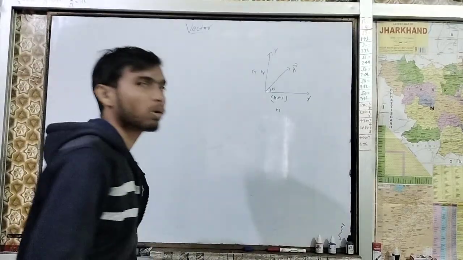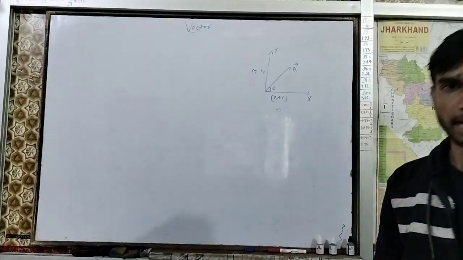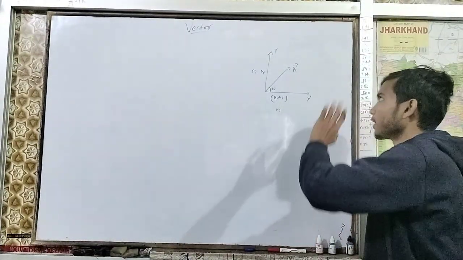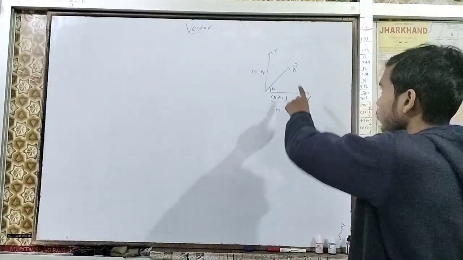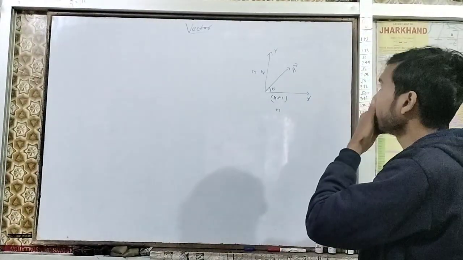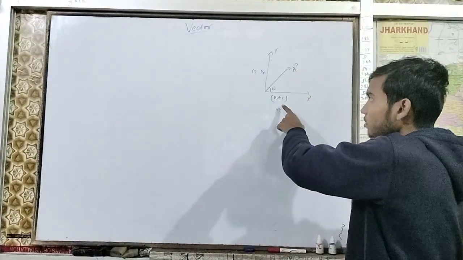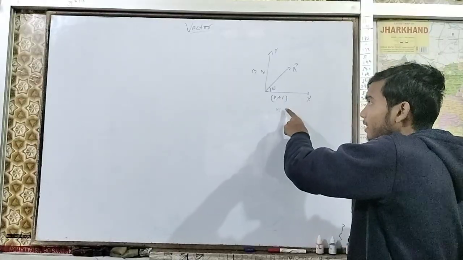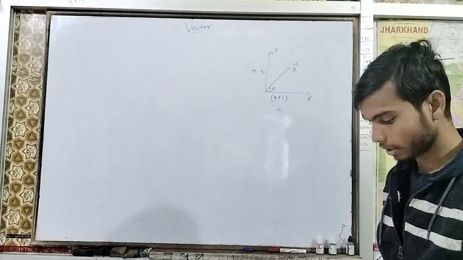Did you understand what the question is saying? There are two axes, x and y, and there is one vector. One component of this vector is n plus 1, which is along the x-axis.